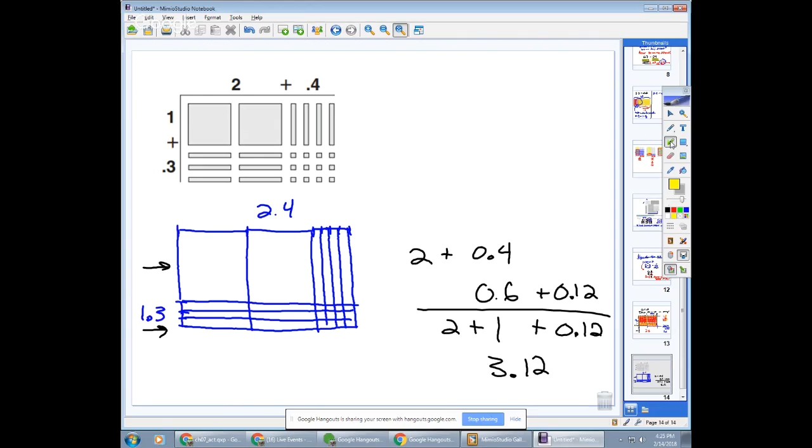Yeah, so first, with the tenths, I have 1, 2, 3, 4, 5, 6, 7, 8, 9, 10. So I'm just going to make a note on the side that I'm going to trade 10/10 for 1 whole.